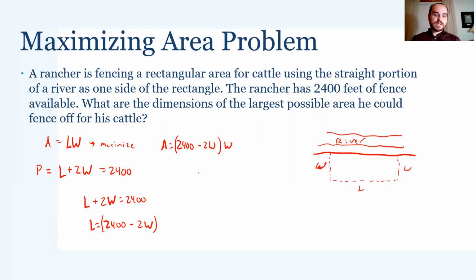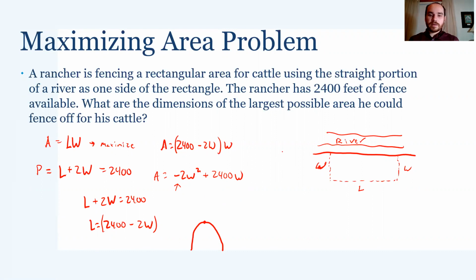When we solve this out, we get negative 2w squared plus 2,400w. And you'll notice that this is now a quadratic. More importantly, it's a quadratic with an a value that's negative, which means it opens down like this. And since it opens down, wherever our vertex is, that's going to be a maximum.